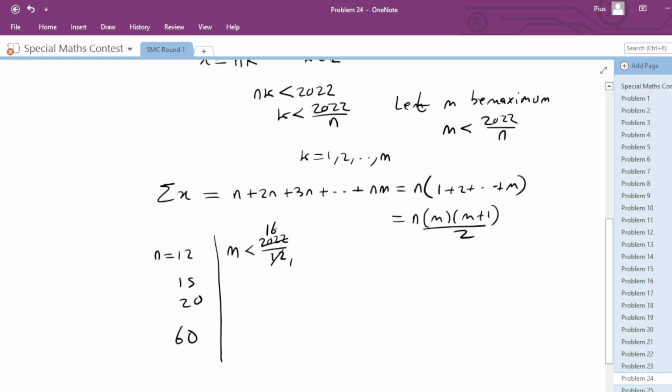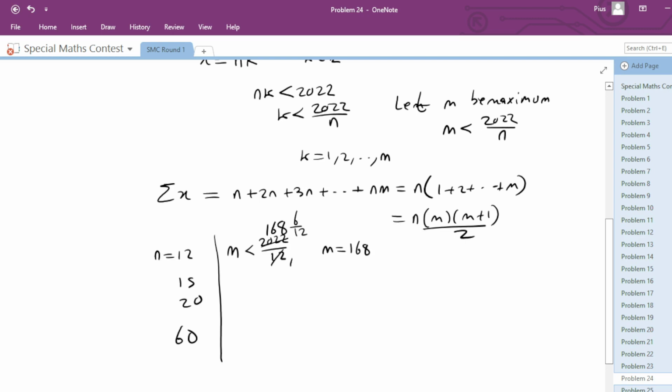This means that m here is going to be 168.